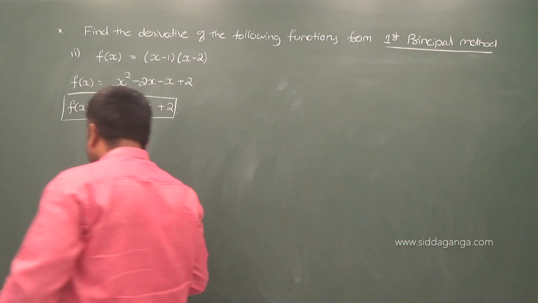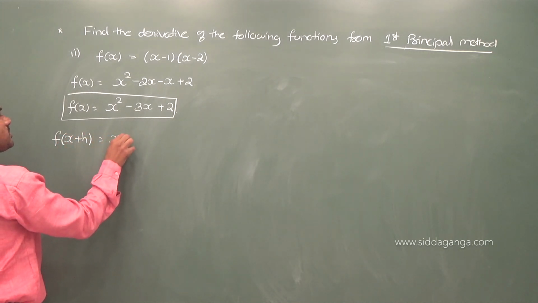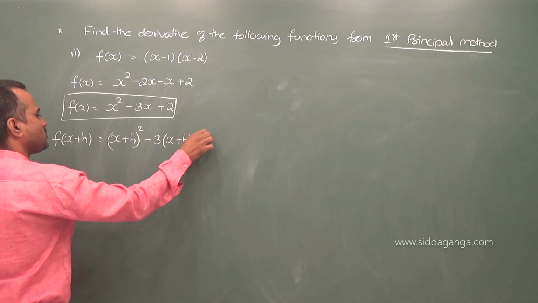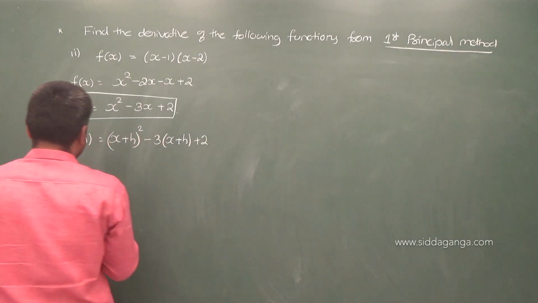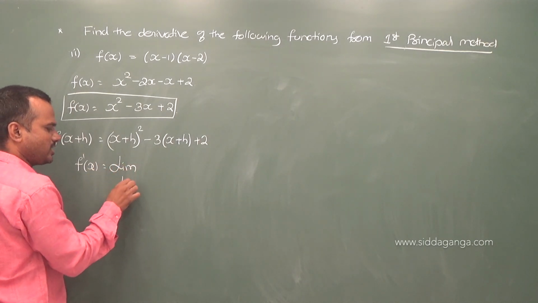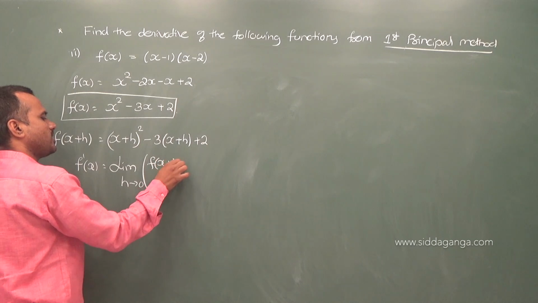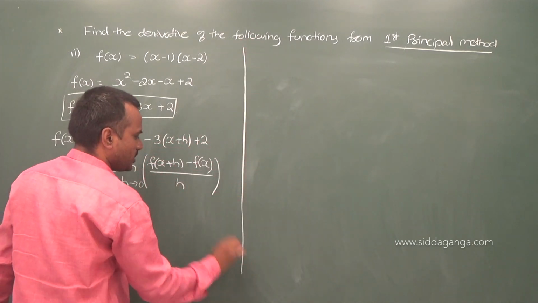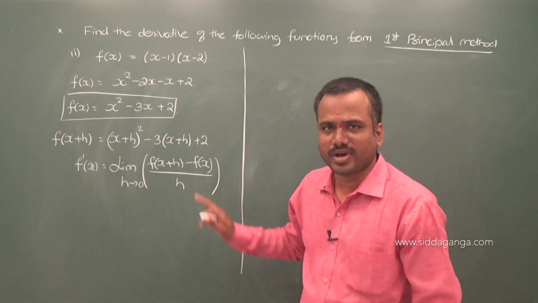Then f(x+h) = (x+h)² − 3(x+h) + 2. So f'(x) is limit h tends to 0, (f(x+h) − f(x)) divided by h.